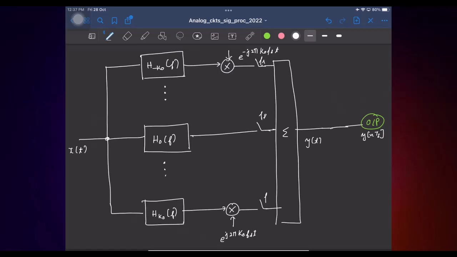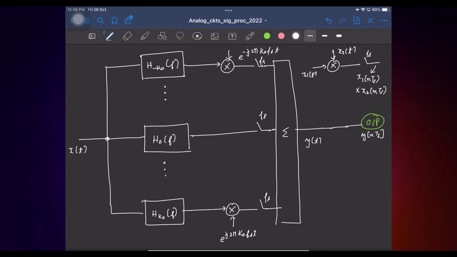Okay. Now can you push the sampler further inside the network? So if you think about it, I have two signals, say x1 of t and x2 of t. They are multiplied and then sampled. So at the output, what we have is x1 of nTs times x2 of nTs.